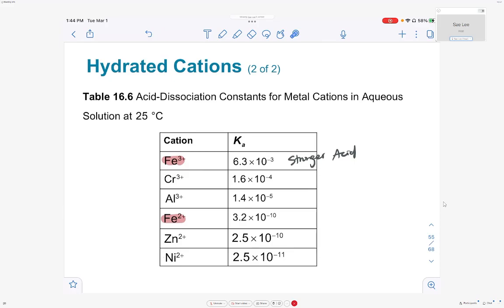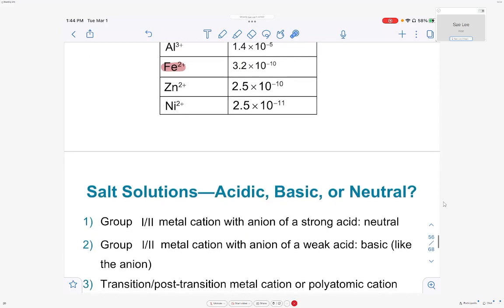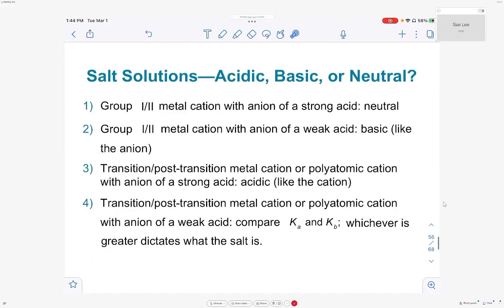Okay, so here is a summary of how to predict whether a salt containing cations or anions is acidic, basic, or neutral. Salt contains both cation and anion.